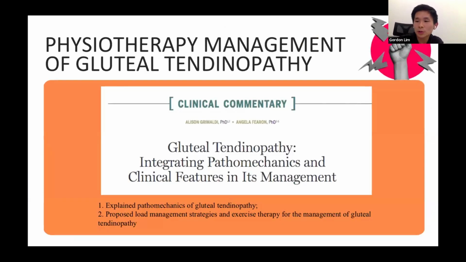So the development of gluteal tendinopathy is similar to other insertional tendinopathies, which is overload or compression of the tendon at the bony insertional points. So this clinical commentary by Grimaldi and Ferren also spoke about pathomechanics of gluteal tendinopathy and divided them into 3 different causes.